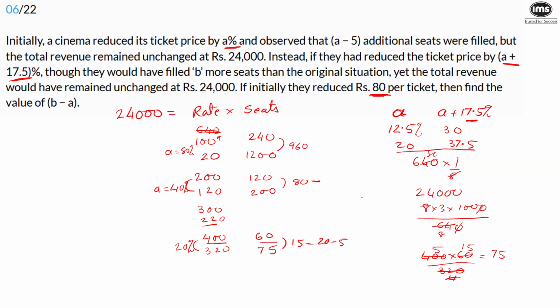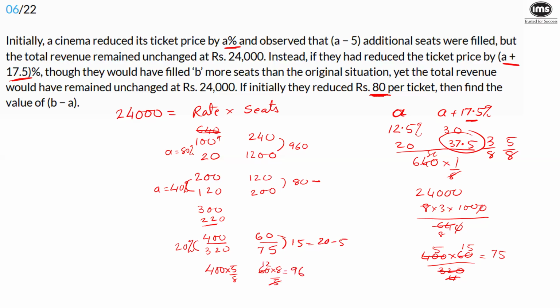Now the question says A plus 17.5, which we have already known here, 37.5%. 37.5 is 3 by 8. When there is a reduction of 3 by 8, it becomes 5 by 8. So when the price goes from 400 to 5 by 8 of 400, the number of seats should become 60 into 8 by 5, which is 96.